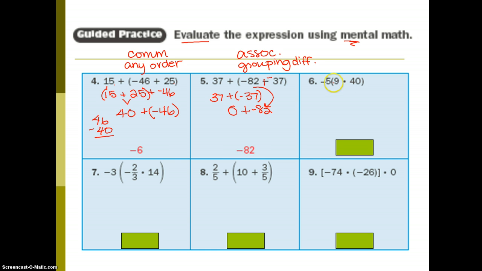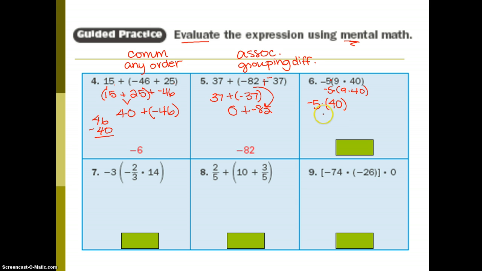Okay, this is all multiplication. I know it looks like this -5 is not multiplying, but the invisible sign next to parentheses means multiplication. It's just that the 9 and the 40 is grouped in parentheses first. I'm actually going to change it so that I am grouping the 40 with the 5.